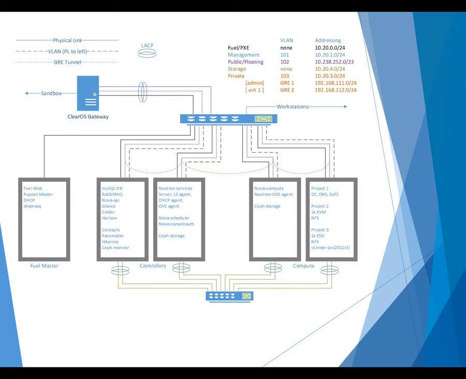So the last compute node, I have some examples of projects. You run a domain controller, DNS server, scale-out file server, and then another project can run KVM, which is what we're going to look at here. You can run a network file server, and then you can also run an ESXi vCenter server. So you'll see up here that I have admin and Vert1 projects.